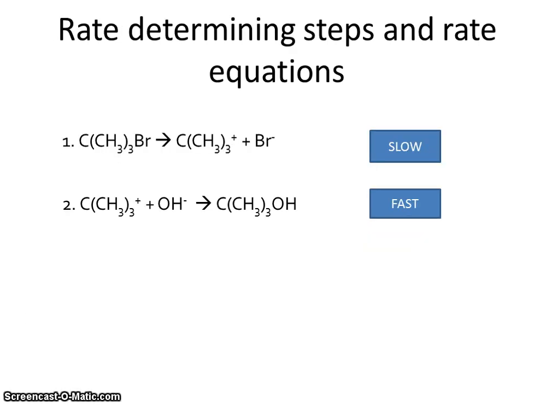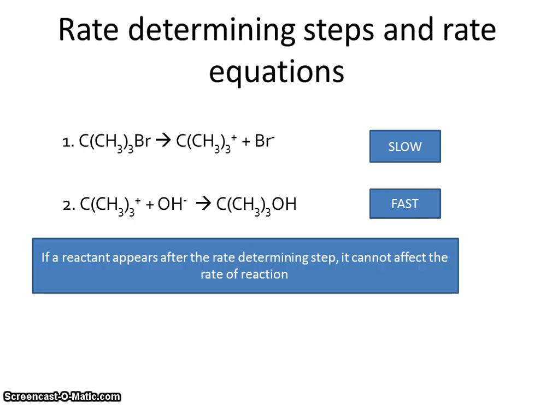So now let's look at the link between the rate determining step and rate equations. So here's the mechanism we've just been looking at, the rate determining step, and the second step, which is much, much faster. And there's a very important point to be made here about rate equations, which is that if a reactant appears after the rate determining step, it cannot affect the rate of reaction. The hydroxide ion here appears after the rate determining step.